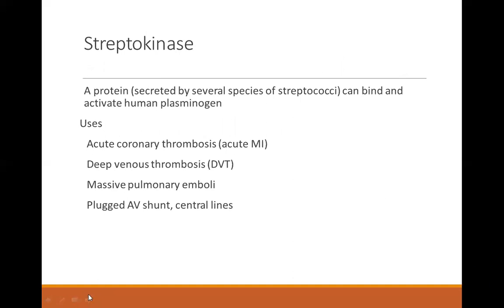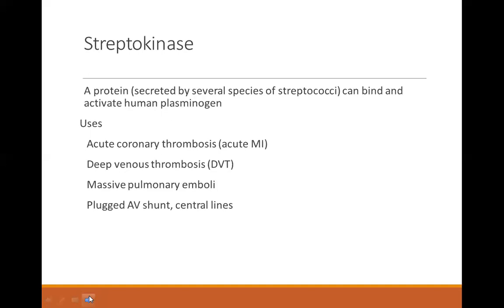When we talk about streptokinase, it's a protein secreted by several species of streptococci bacteria, which can bind and activate human plasminogen. Therefore, plasminogen is converted into plasmin, and plasmin can dissolve the blood clot.